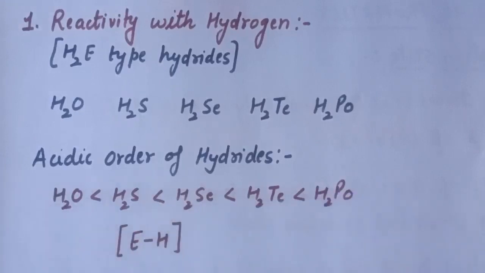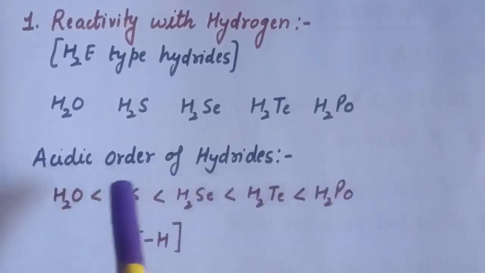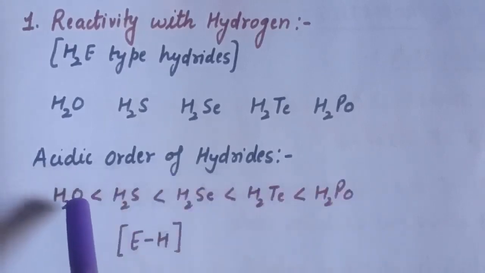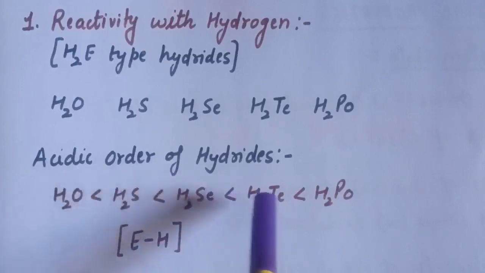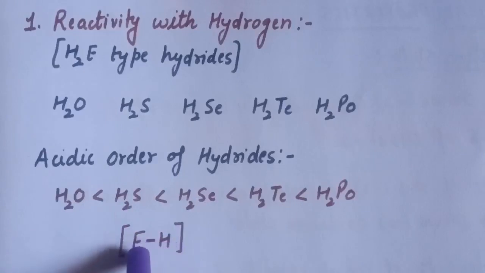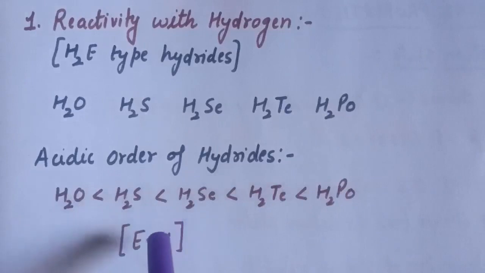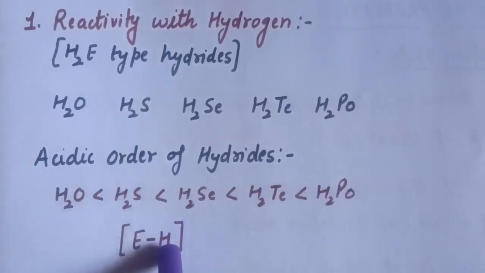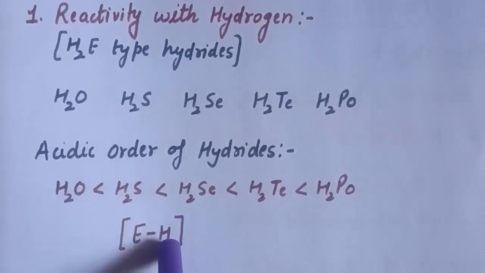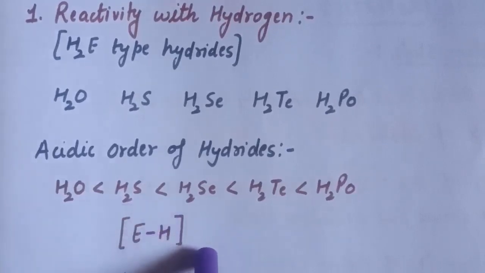And the reason is explained on the basis of E-H bond strength. Now when we move from oxygen to polonium, that is when we move down in a group, the size of the central atom increases, and therefore the E-H bond strength decreases. That is, in case of H2Po, the bond between Po and H is very weak, and therefore it is easy to remove the hydrogen as H positive ions.